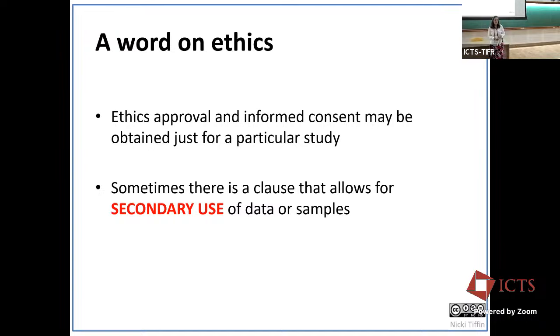Also look out for the fact that sometimes ethics approval is provided for a particular study, but you need to check that there's ethics approval for secondary use. That means onward use that maybe isn't the primary study. So you have to check that secondary use ethics approval is in place before you even start looking at the data.